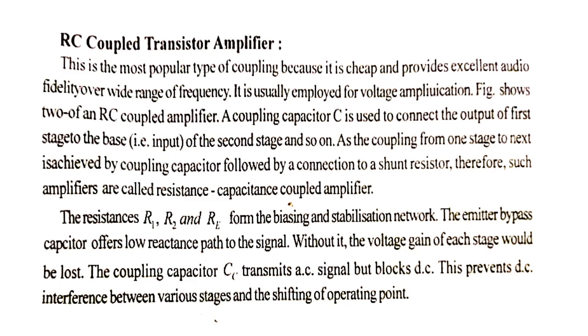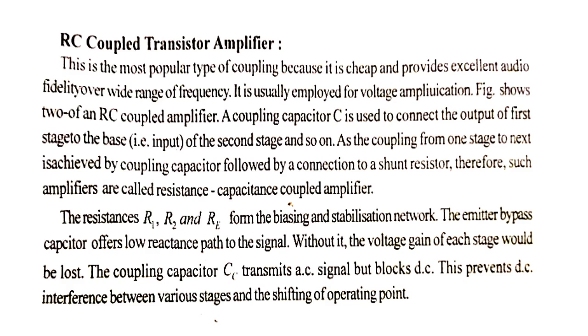See here, the resistances R1, R2 and RE form the biasing and stabilization network. The emitter bypass capacitor offers a low reactance path to the signal.